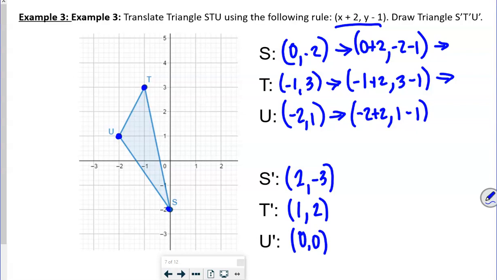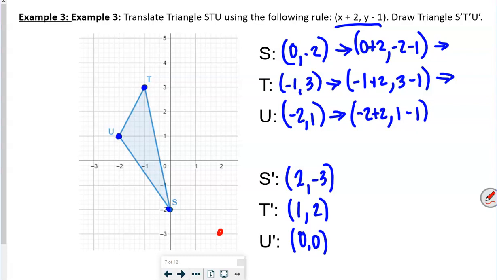Okay, now we're going to plot these points. And I'm actually going to plot them in red because the other one's blue. Okay, so we're going to go 2 to the right, negative 3 down. So 2, negative 3 is right there.